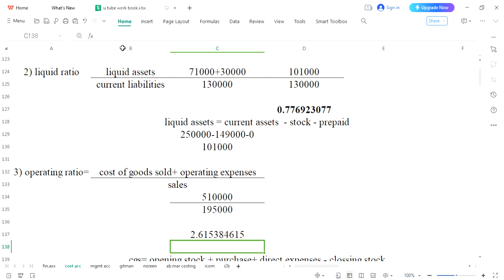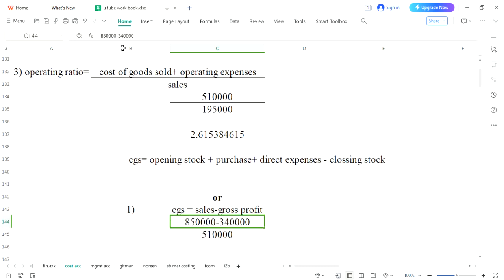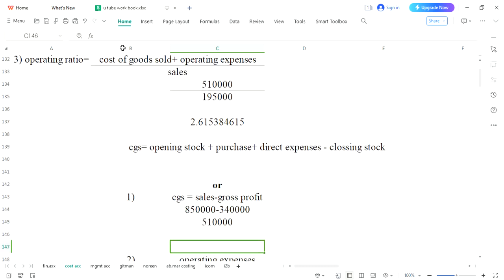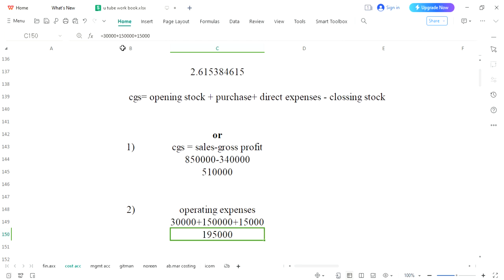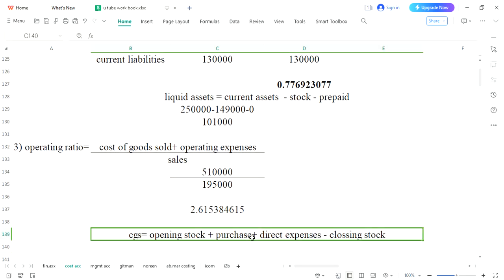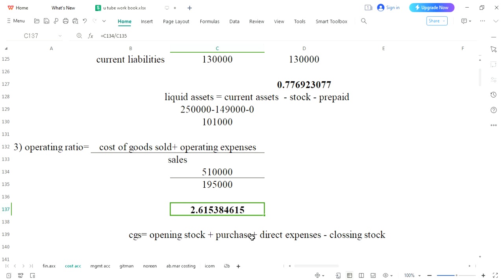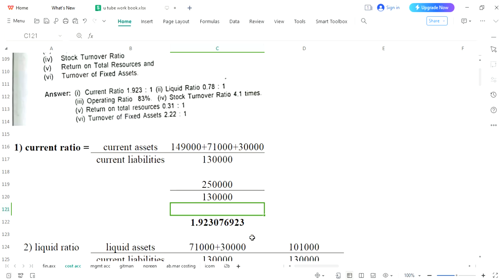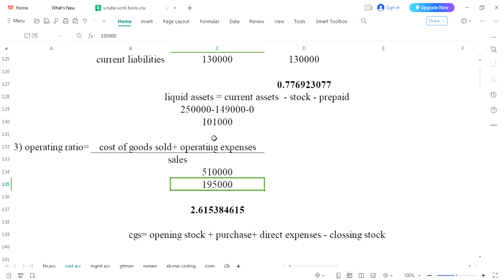Now please understand how we have calculated cost of goods sold, how we have calculated operating expenses, and then we have put it over here. I'm actually going to write it over here. 2.65 is your answer, and what we have calculated is the operating ratio.